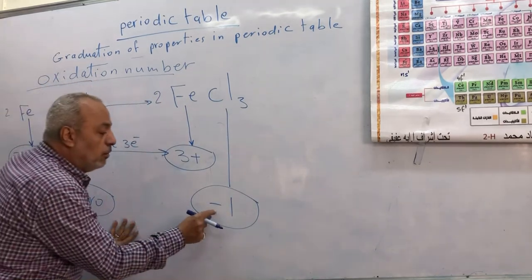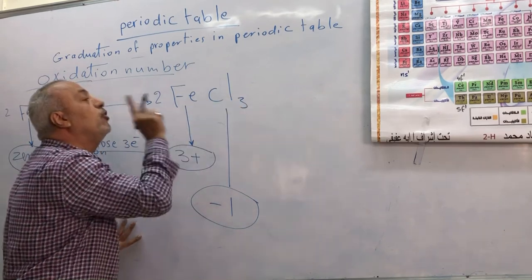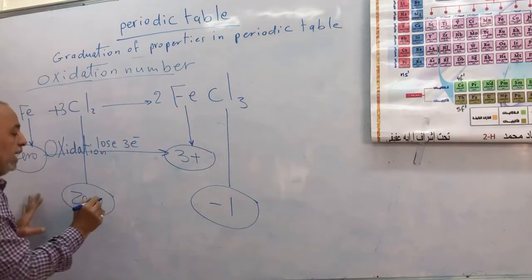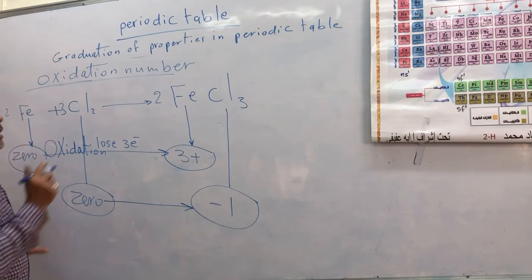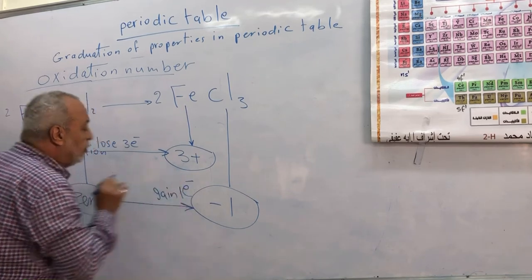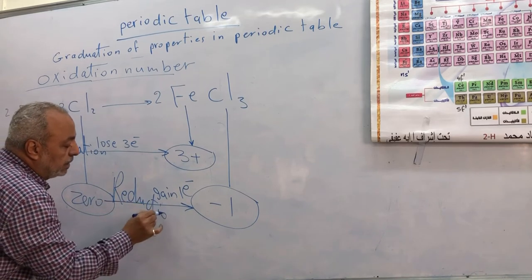I know someone will ask, we have 3 chlorine. No, we calculate for 1 atom only. It changed from 0 to negative 1, meaning it gains 1 electron. It means a reduction process.